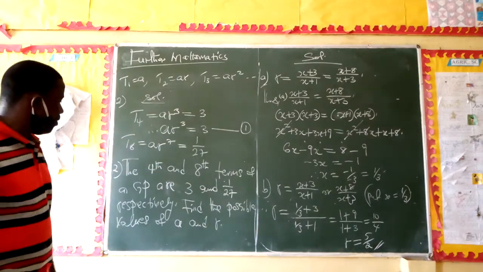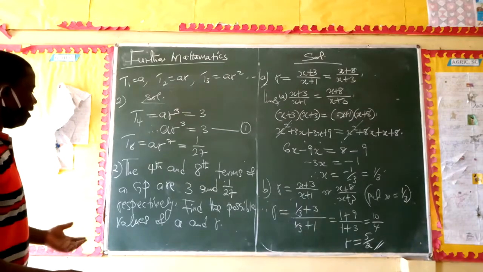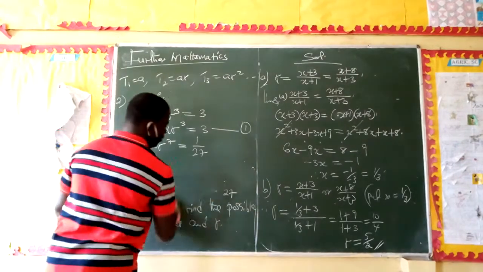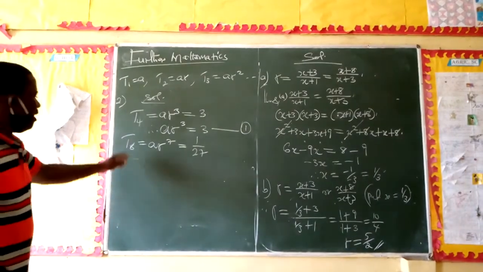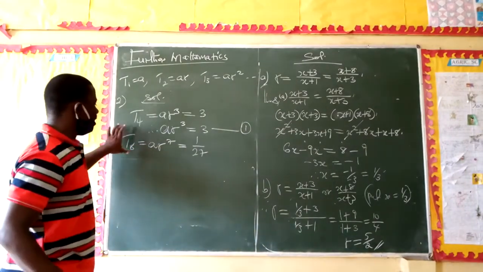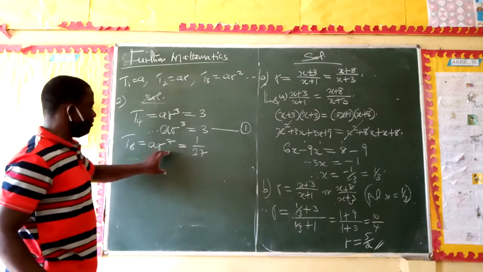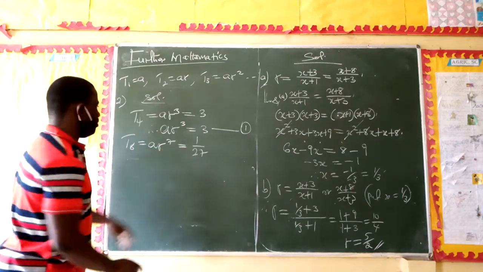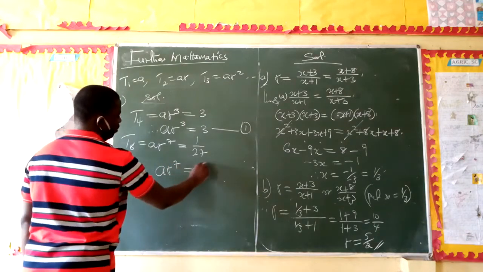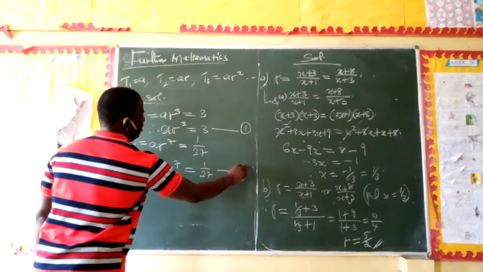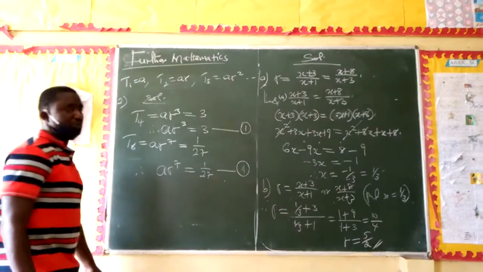So in this question, we are going to find the possible values of A and R. So here, the 8th term is AR raised to power 7, which is equal to 1 over 27. This is equation 2.